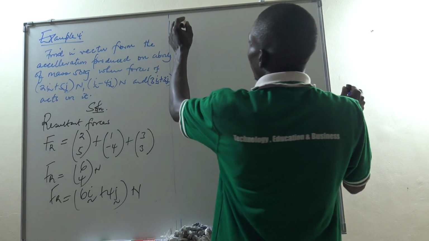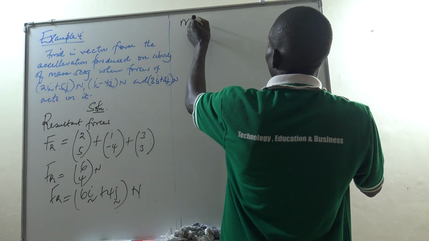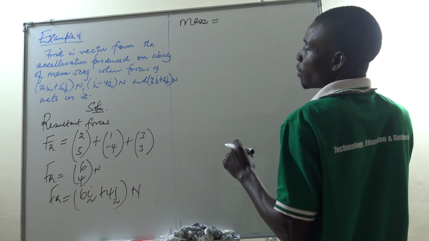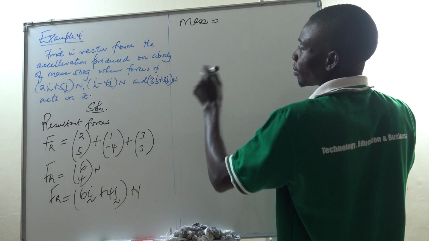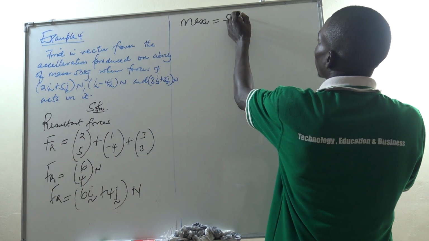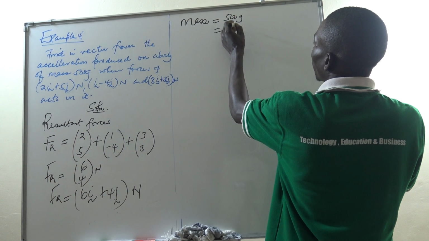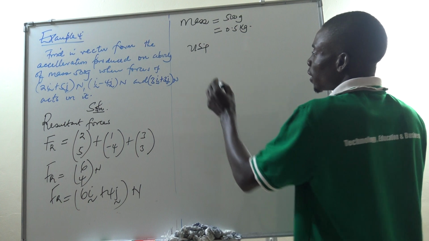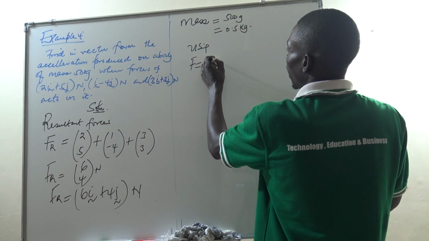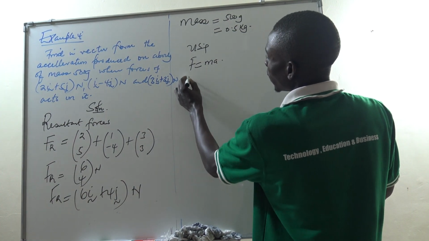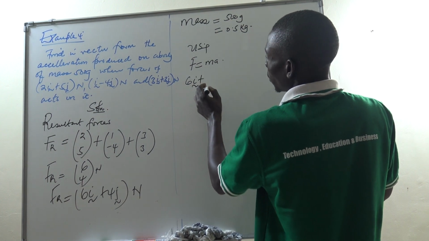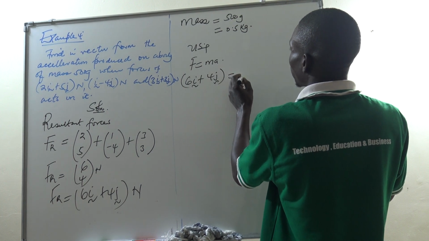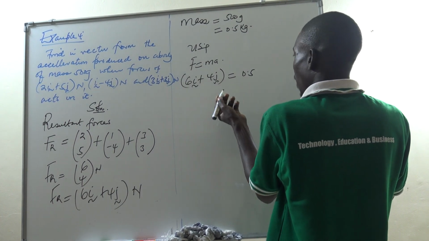Okay? And now they have given you mass. They have given you mass as 500 grams. That is the same as 0.5 kilograms. So I can say, using F equals ma, that 6i plus 4j should equal 0.5, which is a half, times a.